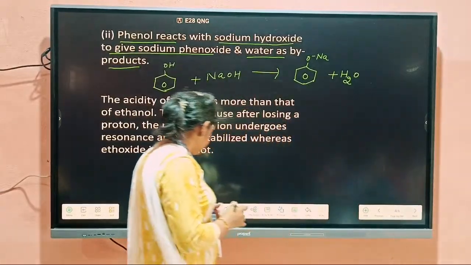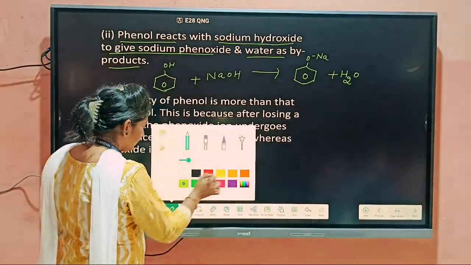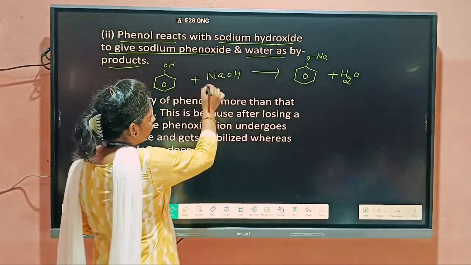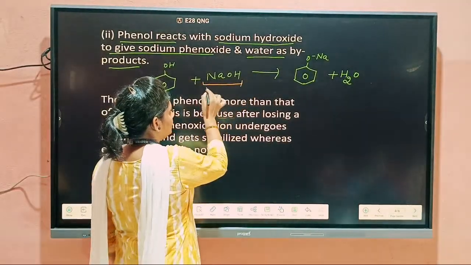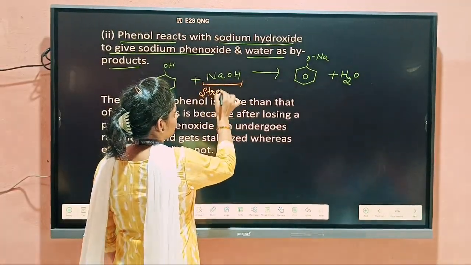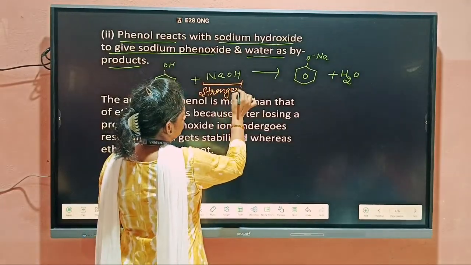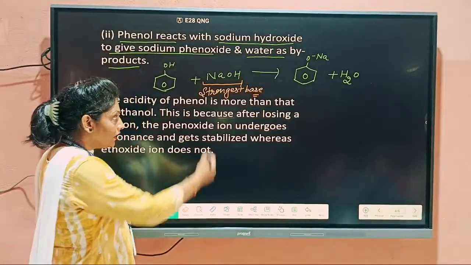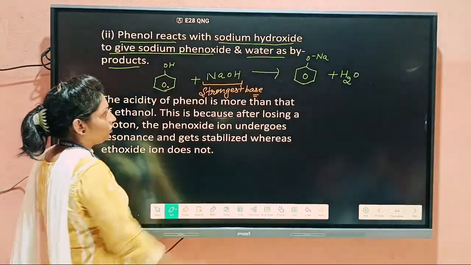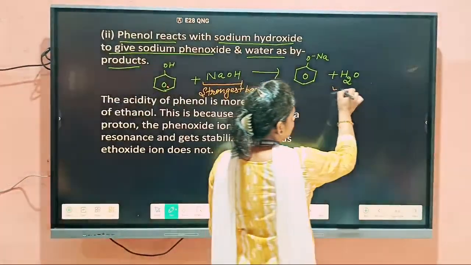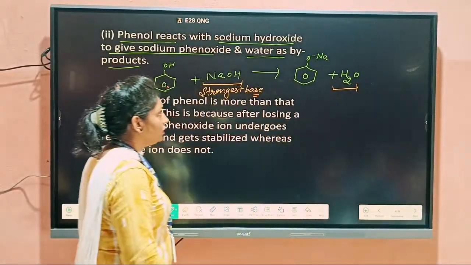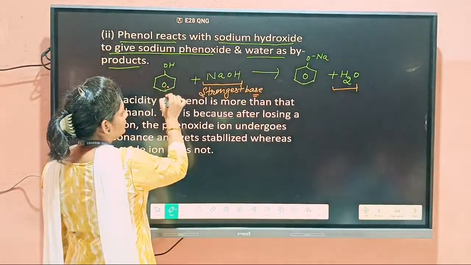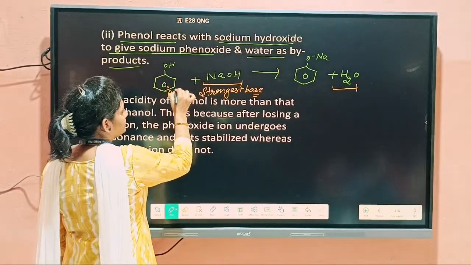So here you can see that sodium hydroxide is a strong base. After reacting with phenol, it gives us water, which shows that phenol is an acid.